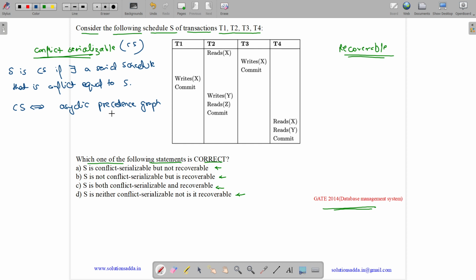Now, how do we draw the precedence graph? The precedence graph is drawn based on our reads and writes.